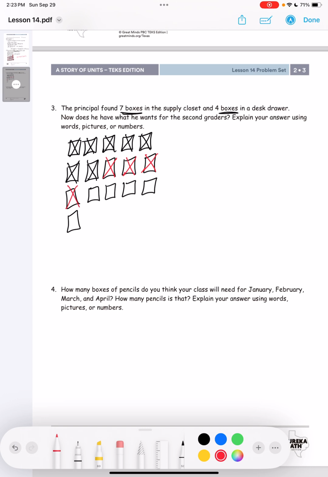So he found 11 boxes, and we need to take those away from the 16 he needed. So 16 minus 11, how many are left? 5 boxes. So he still needs 5 more boxes.